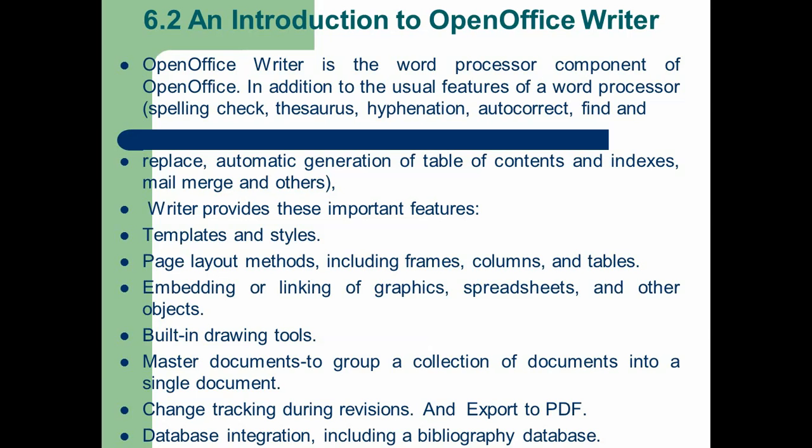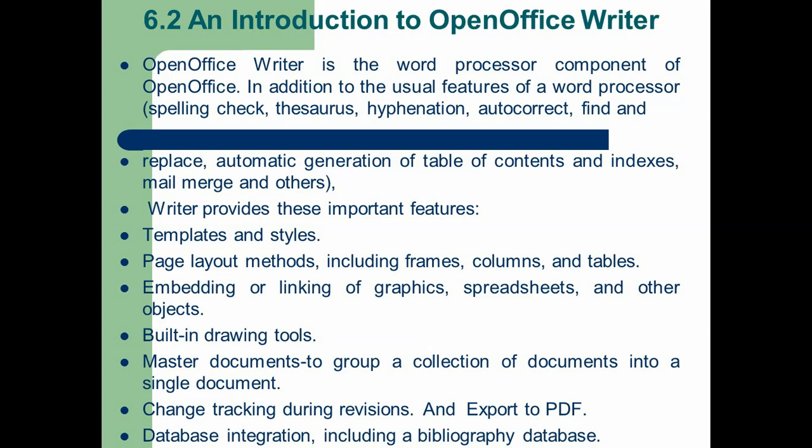You may think that the software which we purchase is much smarter than the free software, but no. OpenOffice Writer may be free or open source software, but it gives all the features of the paid softwares like spell check, thesaurus, hyphenation, autocorrect, find and replace, automatic generation of table of contents and indexes, and mail merge. All these features are available in both proprietary softwares and open source softwares.